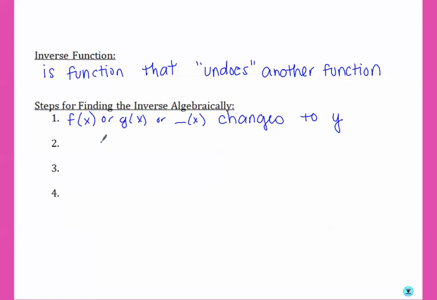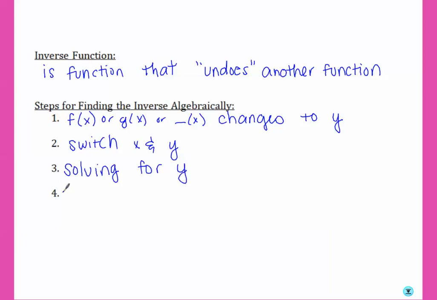Then if you remember when we were finding inverses graphically, when we went to find the inverse, the x's and the y's all switched. Well, we're going to use a similar idea here, and we're going to switch x and y. Then we're going to rewrite that equation by solving for y.